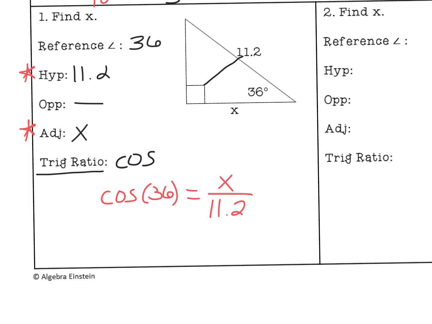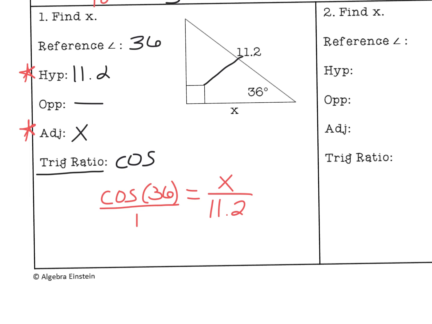What are we solving for? What are we normally solving for? Adjacent. We're trying to find the adjacent, but it's our x value. So we're solving like normal. How can we solve this for x? What do we do if we have a fraction on one side but we don't have it on the other? Make a fraction. Cosine of 36, what can we do with that? Put it over 1. Now, what method are we going to use to solve?